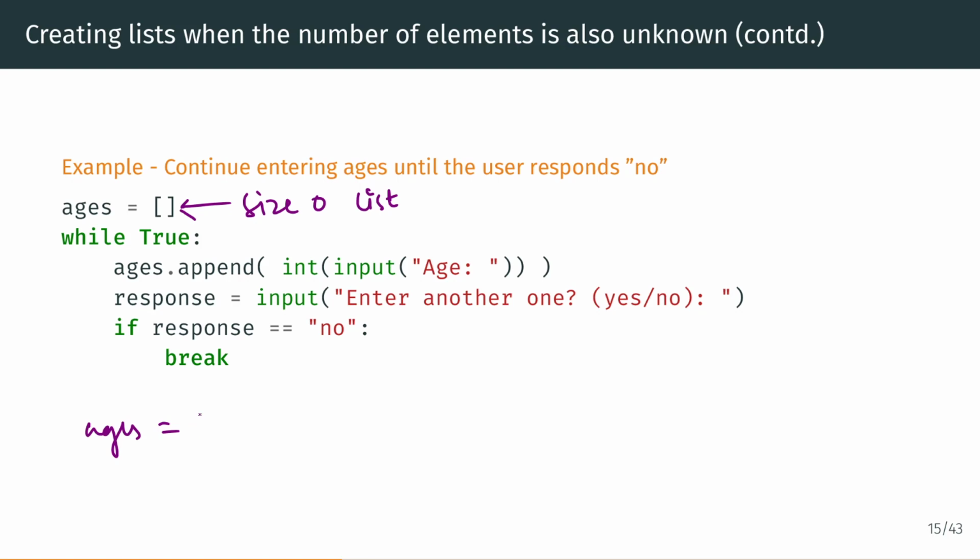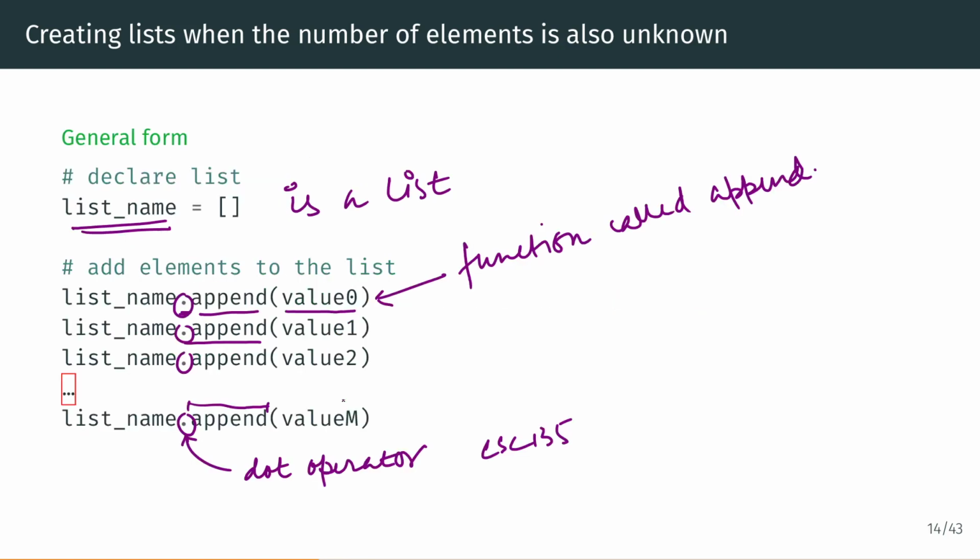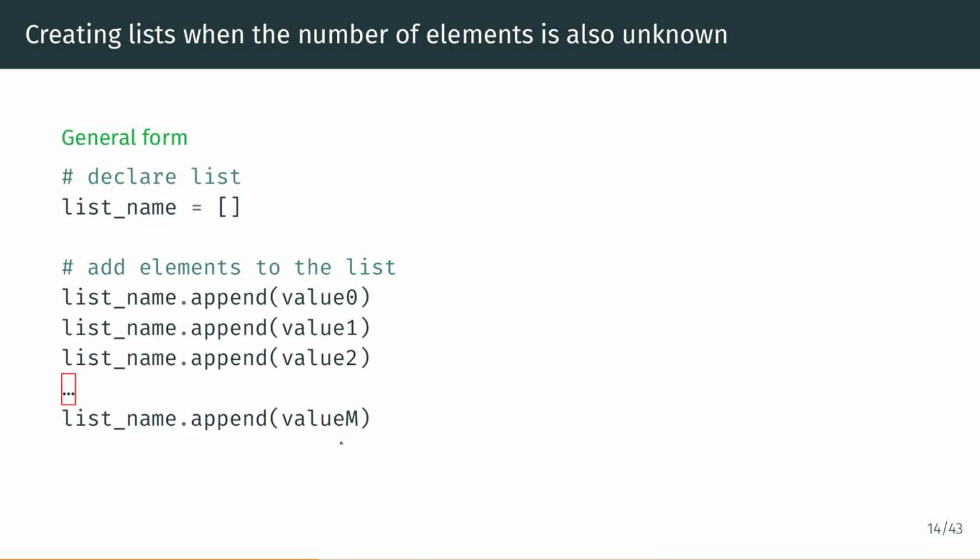So the first time, what you do is you say ages.append(int(input(age))). You can say ages dot append and then a value, and you must know by now that you can also use a variable or an expression instead of a value.